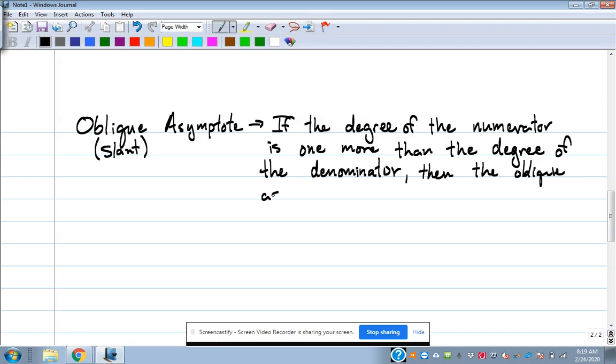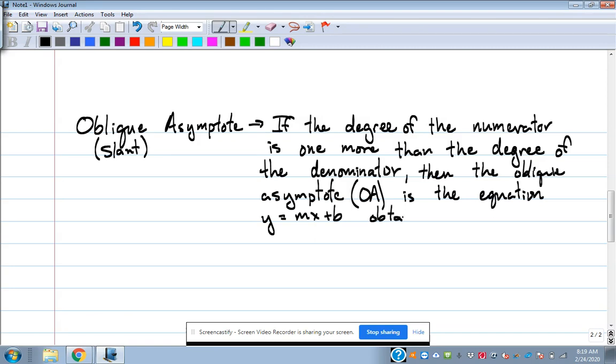Oblique asymptote, and we'll abbreviate that from here on out as OA, is the equation y equals mx plus b obtained by long division. Everybody loves long division. Of the polynomials.